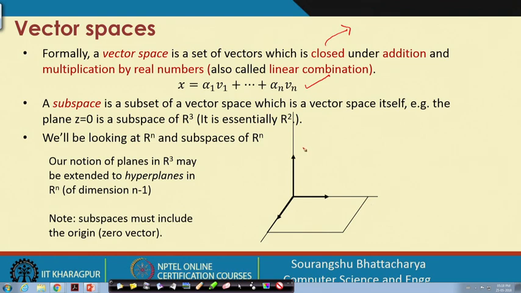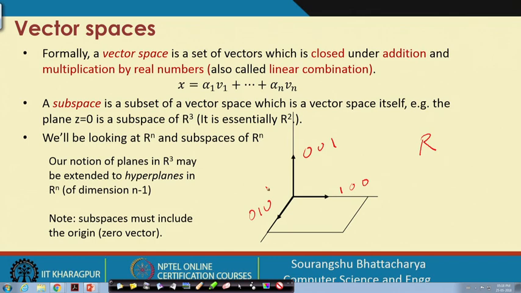So, if we take the vectors 1 0 0, 0 1 0 and 0 0 1, this can generate all the vectors in R3.